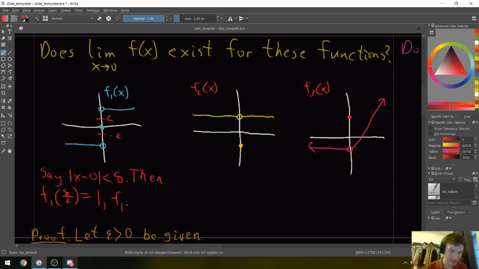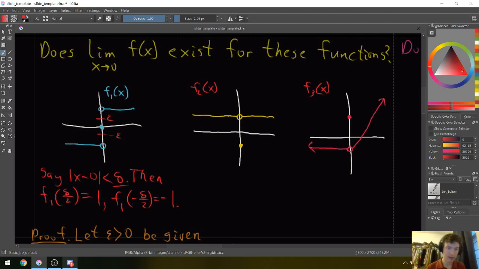So that one is plus 1, and f1 of minus delta over 2 is minus 1. It looks like no matter what delta we pick, we're going to get some plus 1s and some minus 1s within our input tolerance. So if epsilon is anything smaller than 1, we can't win, right?